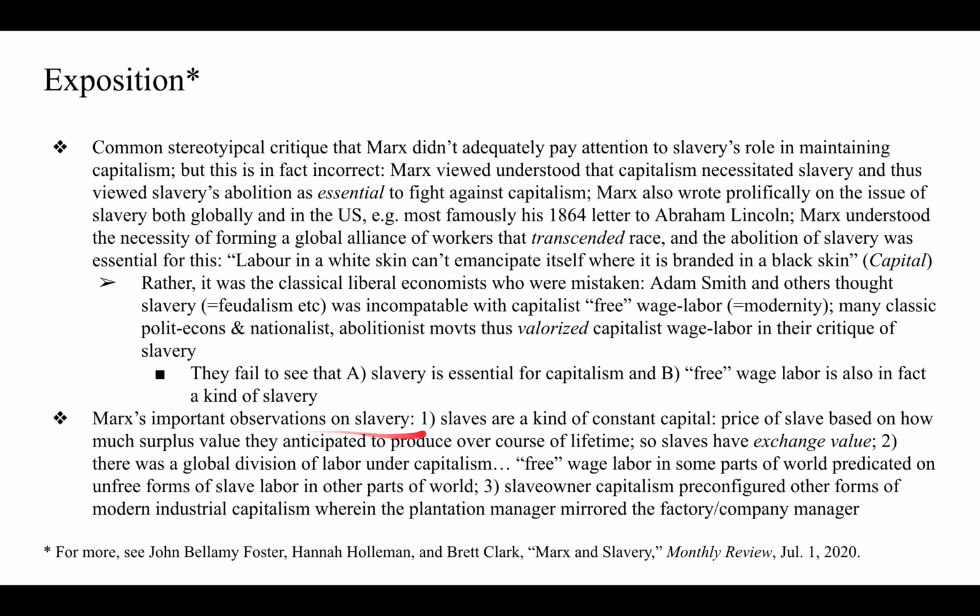One, which is that slaves are a kind of constant capital, wherein the price of the slave is based on how much surplus value they are anticipated to produce over the course of a lifetime. So in this sense as well, slaves have exchange value.